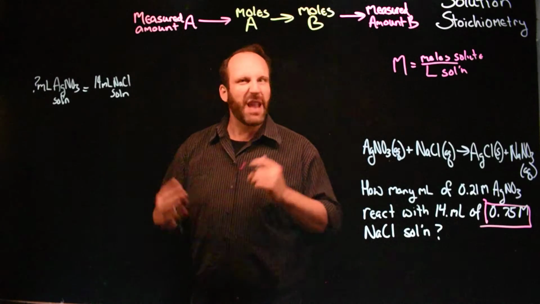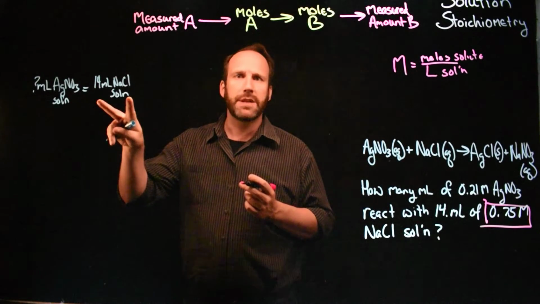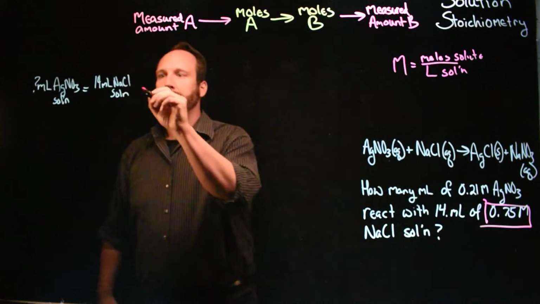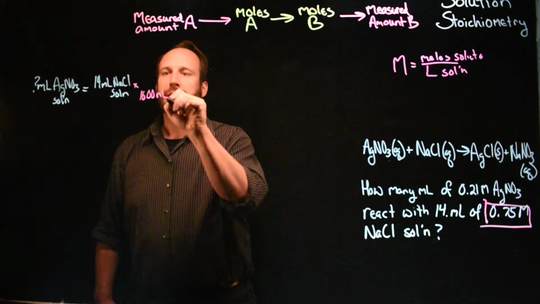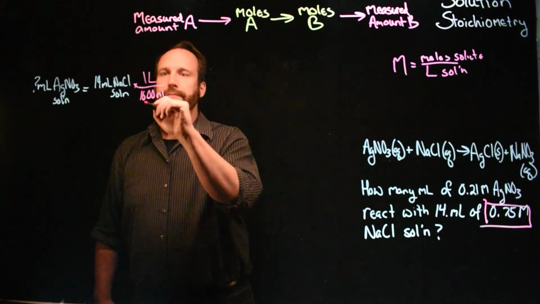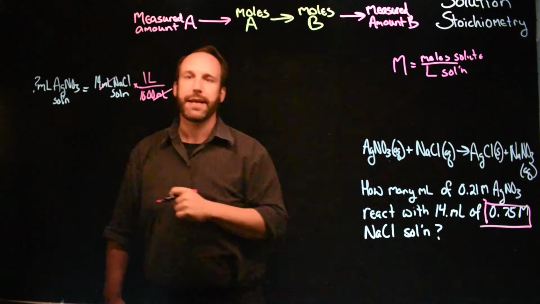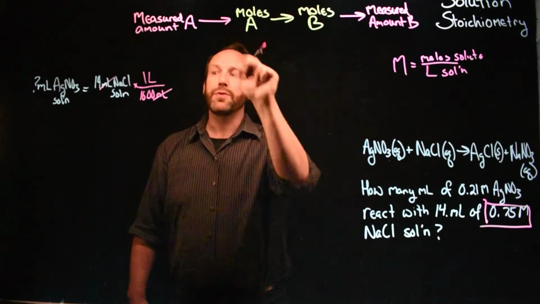So the first step, like kind of normal, is we typically see volumes in milliliters, and so we need to convert that milliliters into liters. And so we can say that there's 1,000 milliliters in 1 liter. Milliliters will cancel, and now we're in liters of NaCl solution. So now we're ready to do this step using molarity.